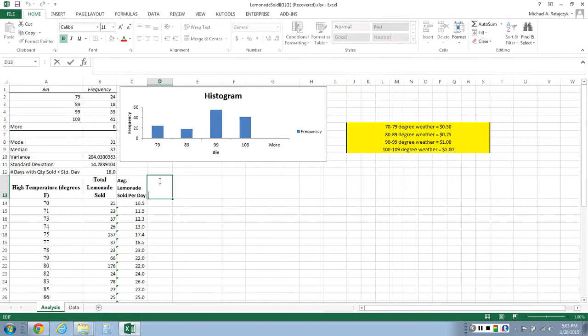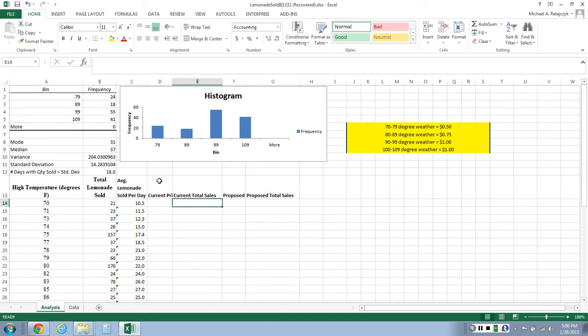So what I'm going to do is create a current price each, current total sales, proposed price each, and I'll explain this in a minute, and proposed total sales.